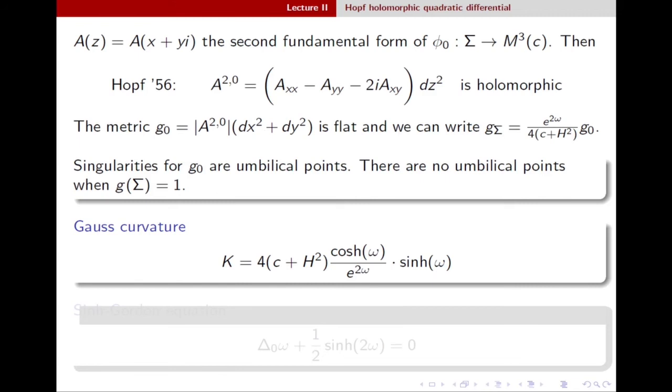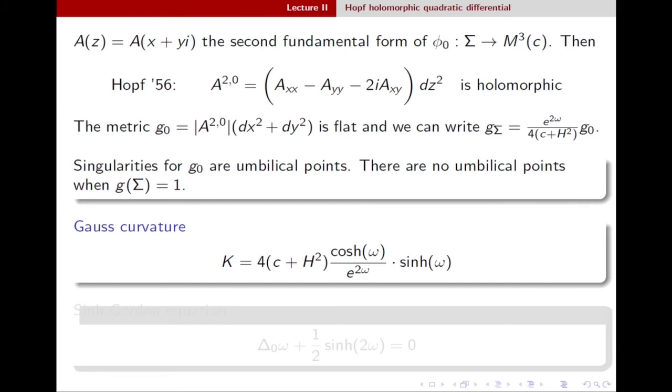And so if you want to study the flat tori, the one natural thing you can do is just to look at this hyperbolic sine of omega function, right? You try to study the sign, because if you prove a sign for that, then that will imply a sign for the Gauss curvature, and then by the Gauss-Bonnet theorem the surface will be flat.